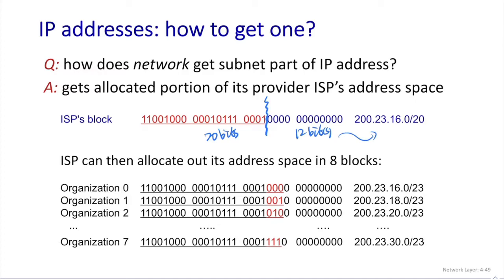But after you get this block from your ISP, how many IP addresses can be used in this subnet? That should be this one, right? That is almost 4 million.